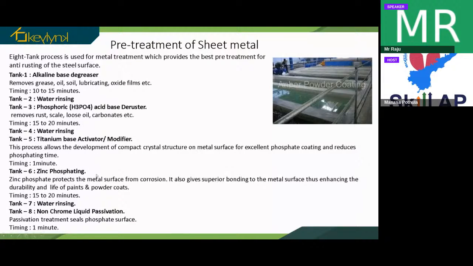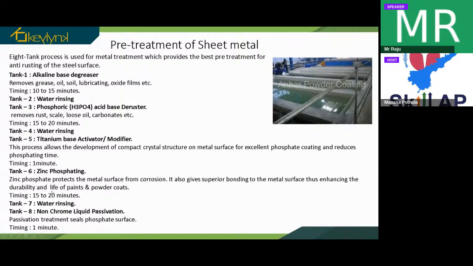Zinc is a very good metal deposit to avoid corrosion. So zinc phosphate protects the metal surface from corrosion, and it gives superior bonding to the metal surface. This enhances the life of the sheet metal product, and it also helps in good paint absorption on the metal.